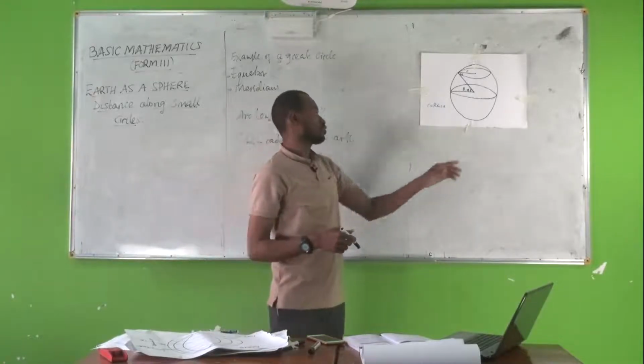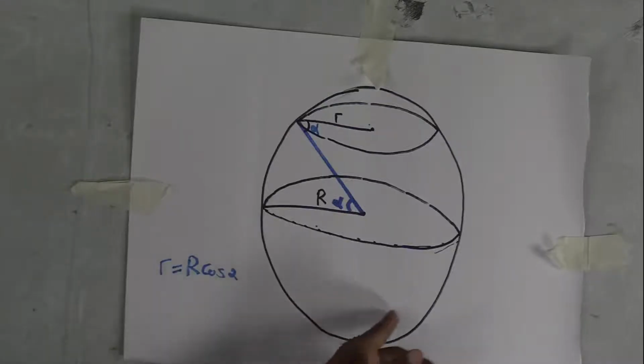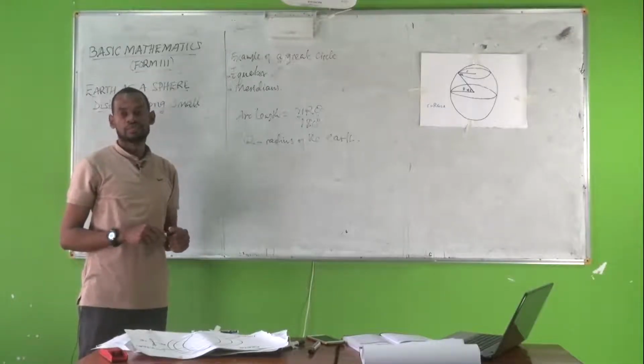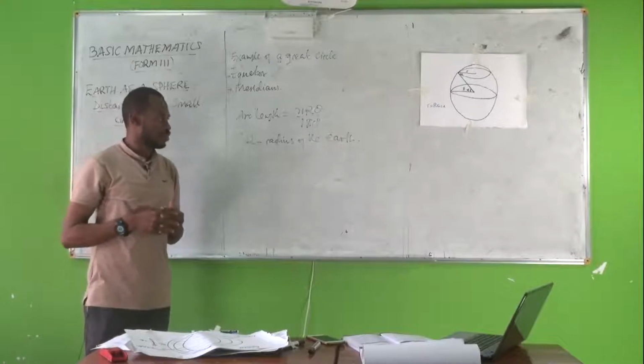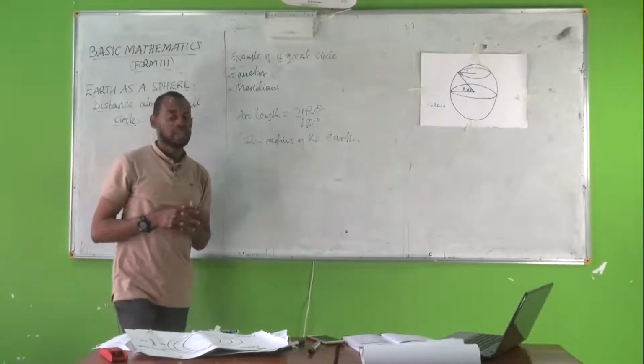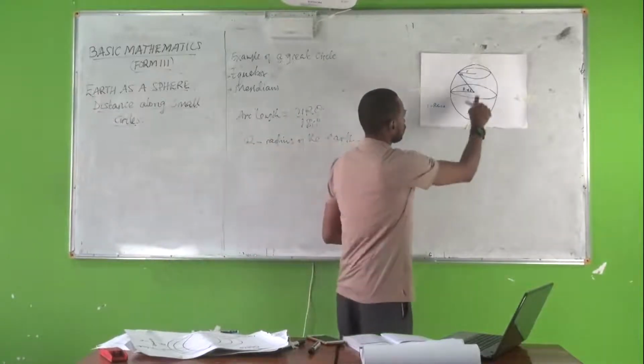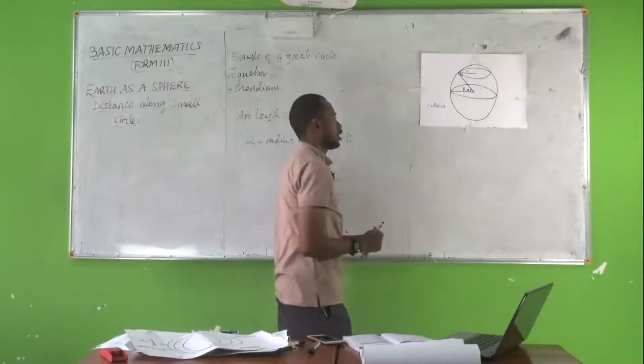So you can have small circles here, a small circle there. In fact, all latitudes make small circles except the equator, which is latitude 0. So this is a small circle.